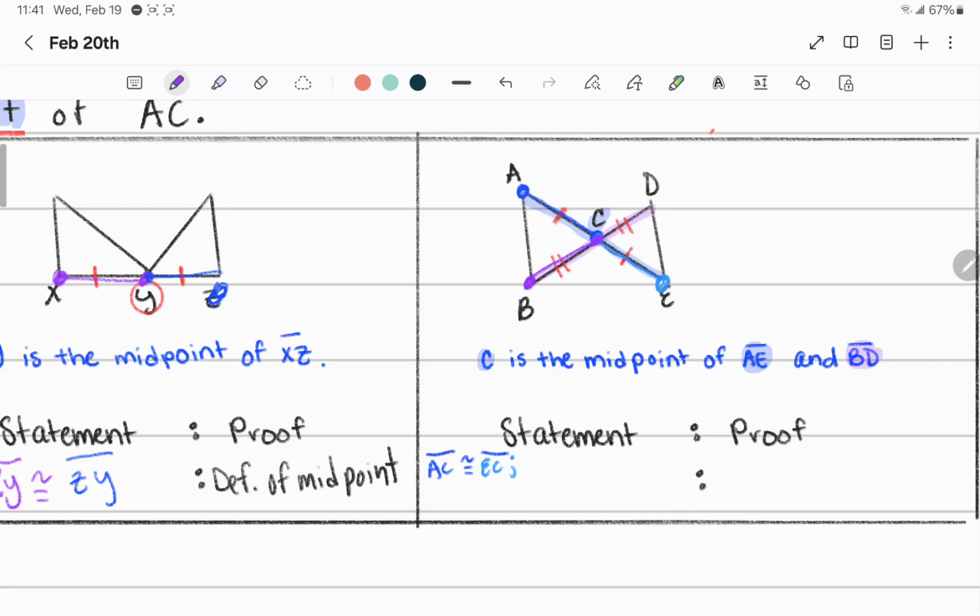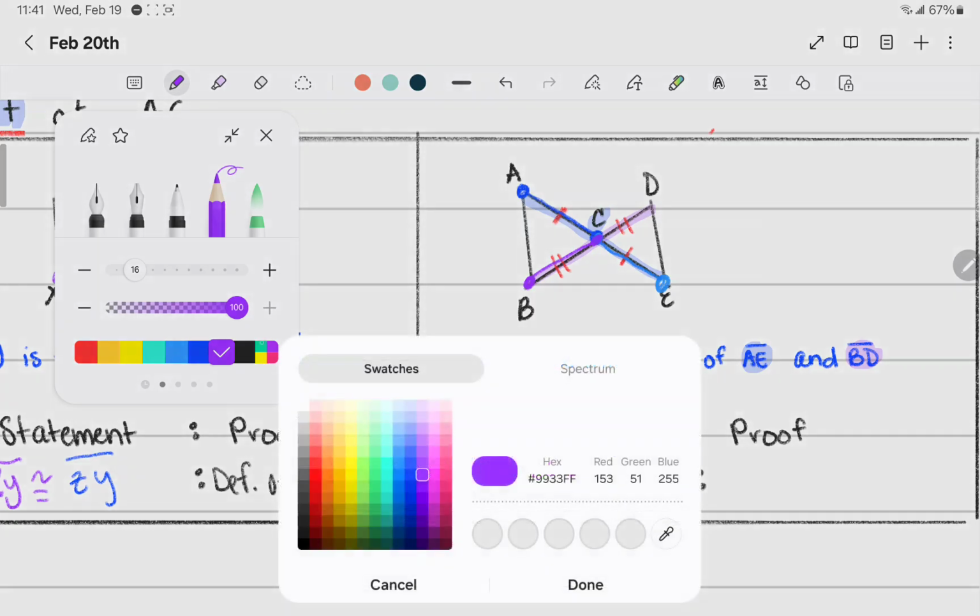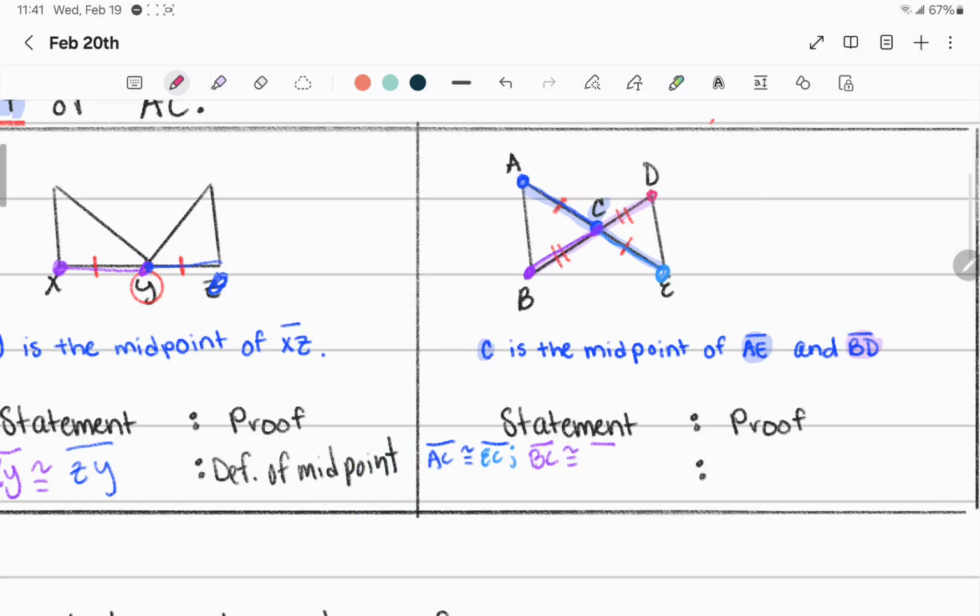B to C is congruent to D to C. So that one gave you two sets of statements because I use both lines. Sometimes it'll be just one, sometimes it'll be both.